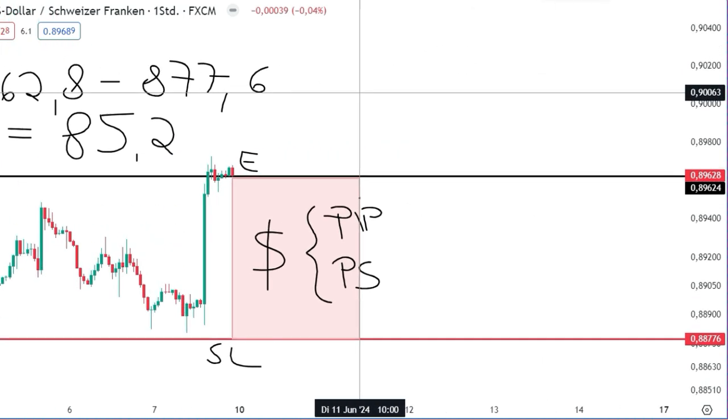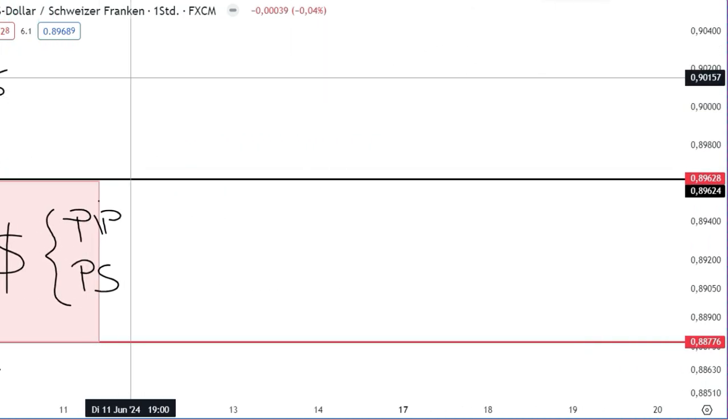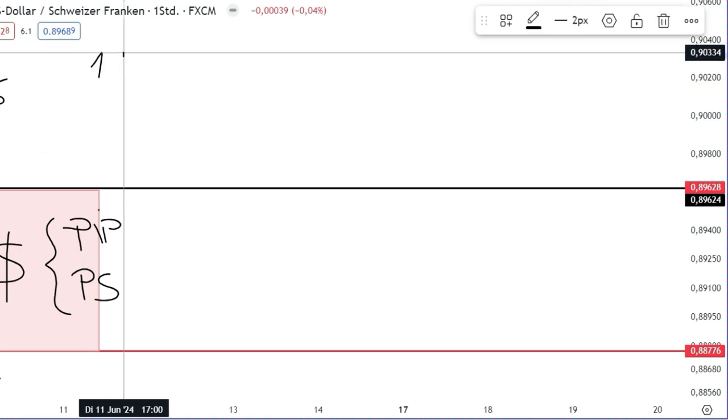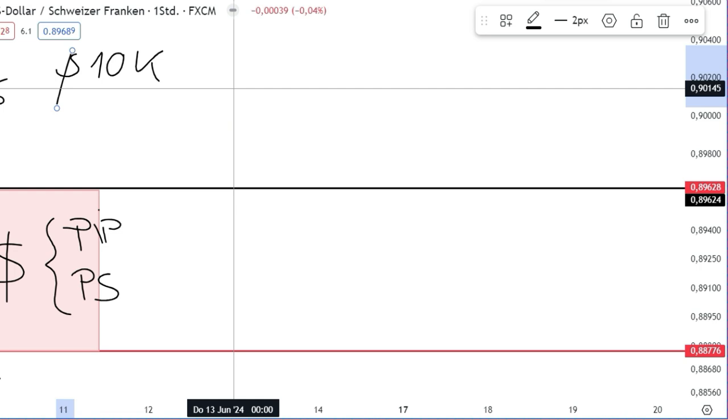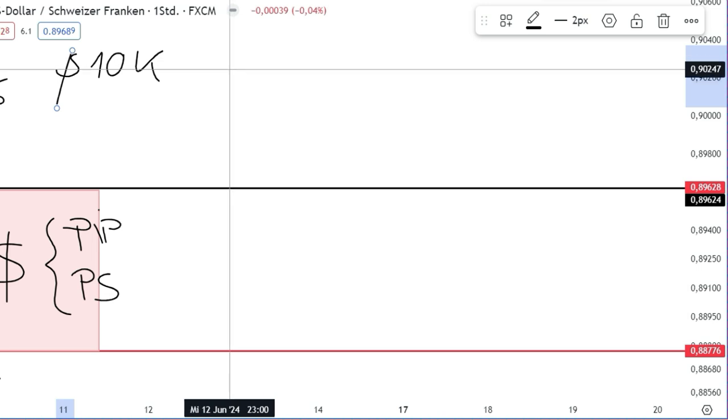So this is fact number one, and then we need to find out our position size. For this, there is a simple equation. For example, if your account size is $10,000, then the personal risk tolerance is possible in percentage or in an absolute amount, and I prefer the percentage one.